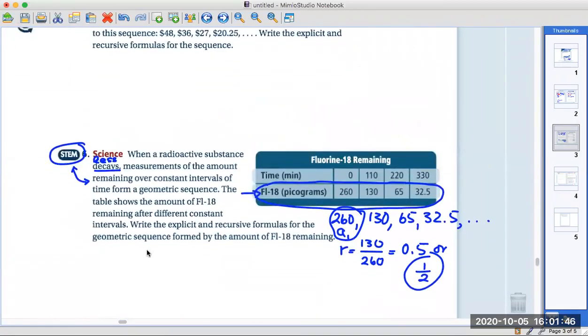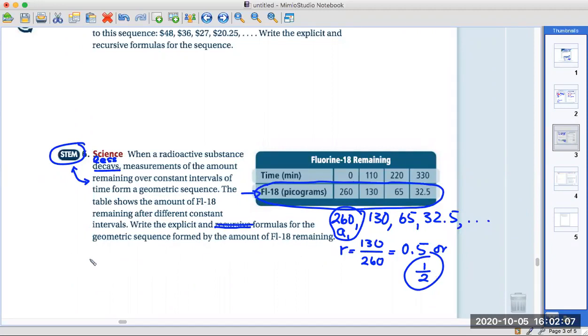Same thing. Write the explicit, there you go. Write the explicit and recursive. No, we're just doing explicit, for the geometric sequence formed by the amount of fluorine-18 remaining. So we got the first term, we got the common ratio.